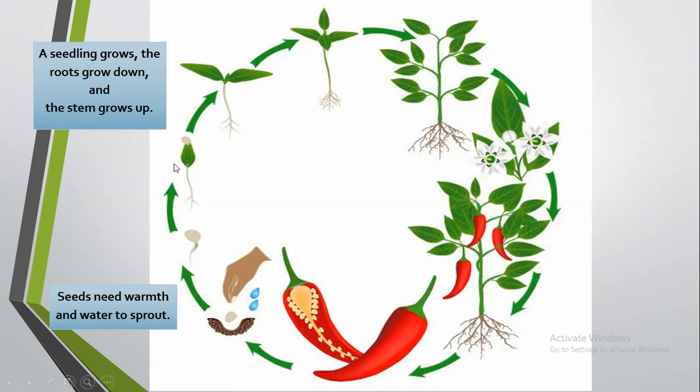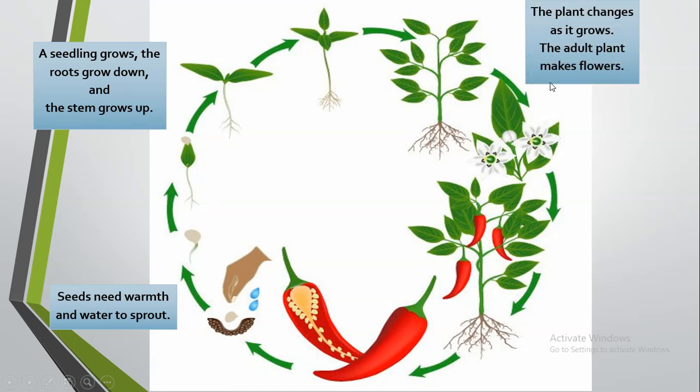Now a seedling grows, the roots grow down and the stem grows up. This is a seedling. After a while, it will grow more stems, more leaves, and it will become an adult plant.